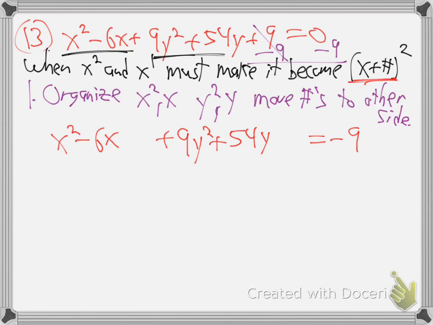Next, step 2. Factor, this is new. We didn't have to do this last time. This is more complex. Factor out numbers in front of x squared or y squared. So any number in front of x squared or y squared needs to be factored out. Do we have numbers in front? Yes.